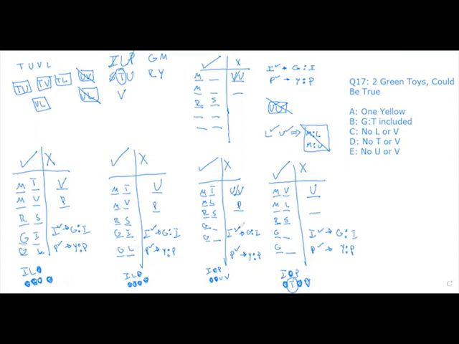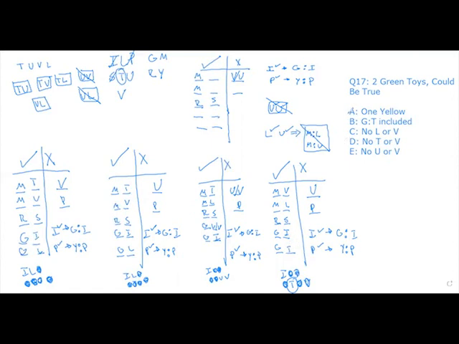Gotta kick P out. I, U, or V. We're just choosing who could be green here, U or V. But I has to be in. This one, we got to kick P out because P has to be yellow. So what could be true? The could be true is U or V could be green and included, or T could be green and included.